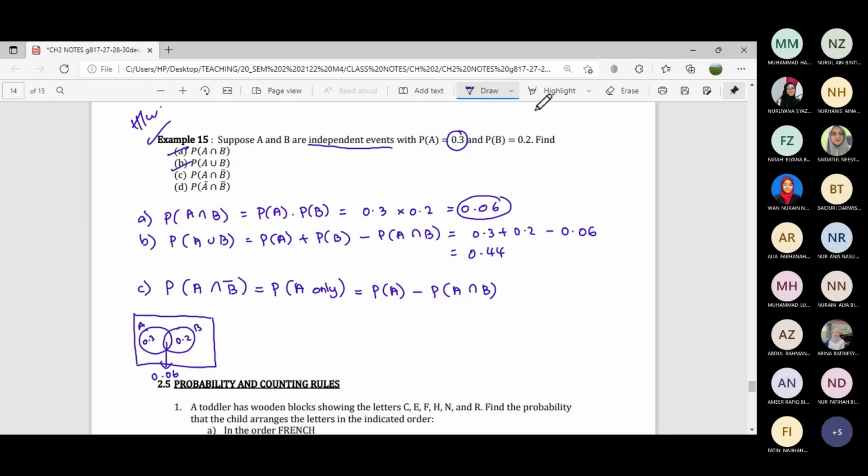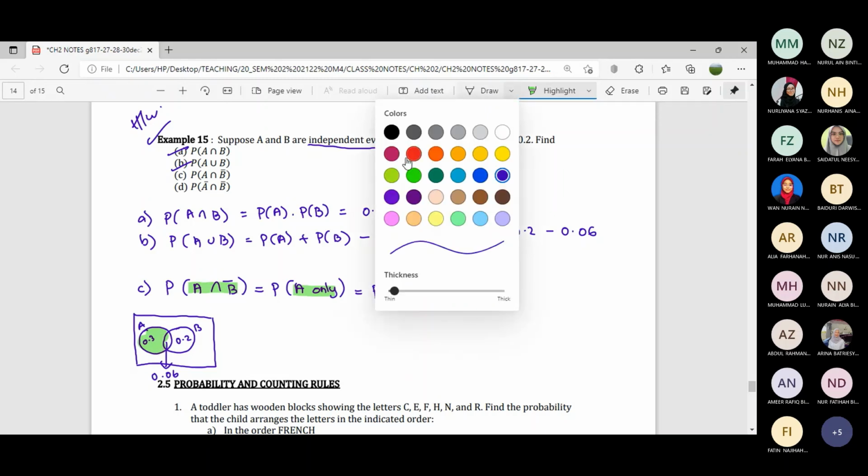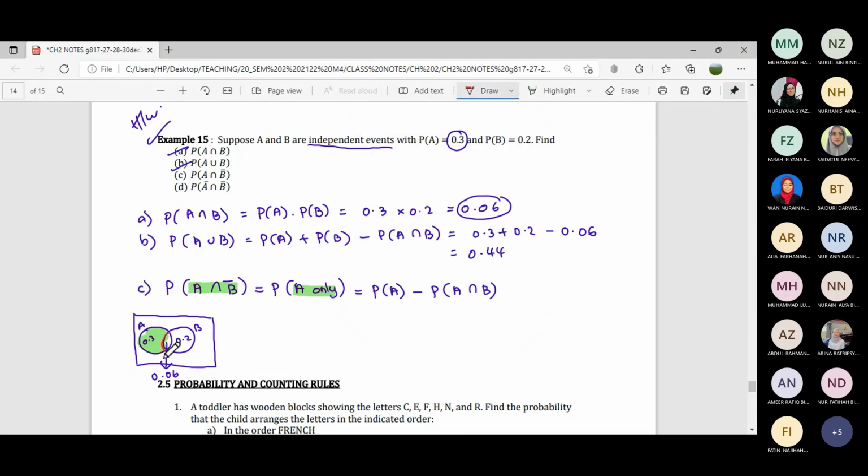Untuk dapatkan A only, tengok betul-betul kat mana bahagian dia berlaku. A bersilang dengan B bar, dia adalah bahagian yang macam bulan sabit ni je. Dia bukan bahagian bulatan penuh tu ya. Dia adalah area yang ini saja. Ni adalah A only. Kan A only.